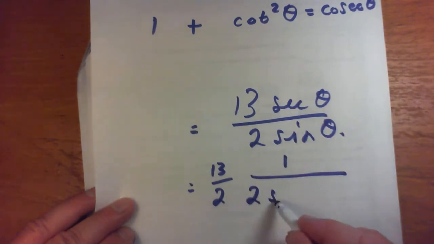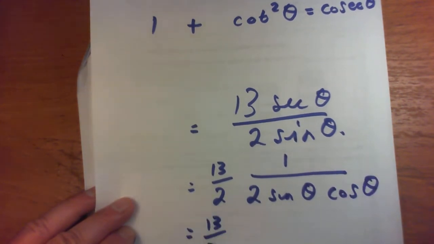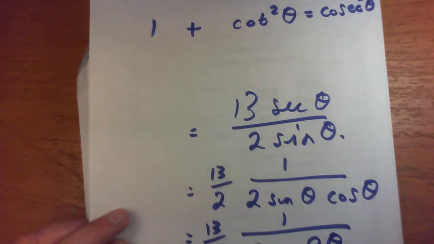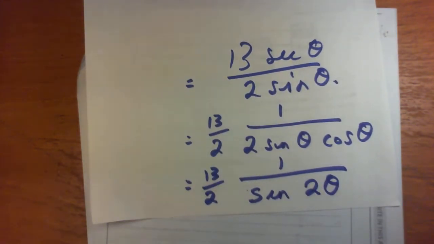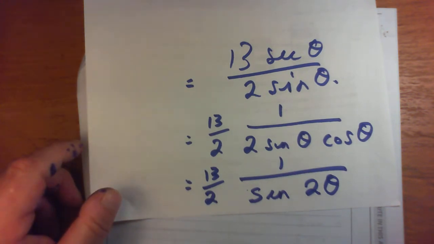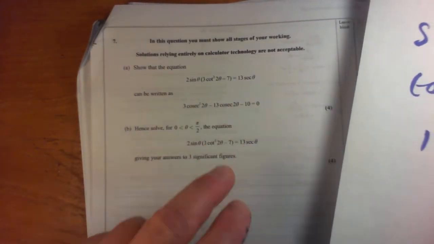That's 2 sine theta cos theta, which is sine 2 theta, so that equals 13 over 2, 1 over sine 2 theta, and 1 over sine 2 theta is cosec 2 theta. So that's what you're after. That's basically it, and that's all you need.